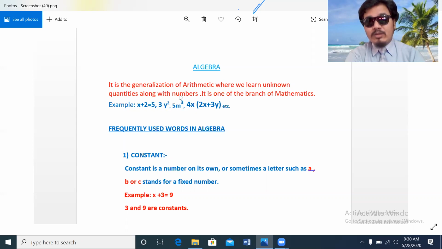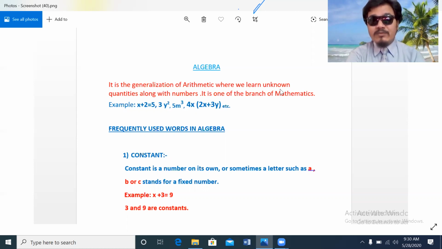When unknown quantities are combined with known quantities, that forms algebra, and it also forms an algebraic expression. It is one of the branches of mathematics.